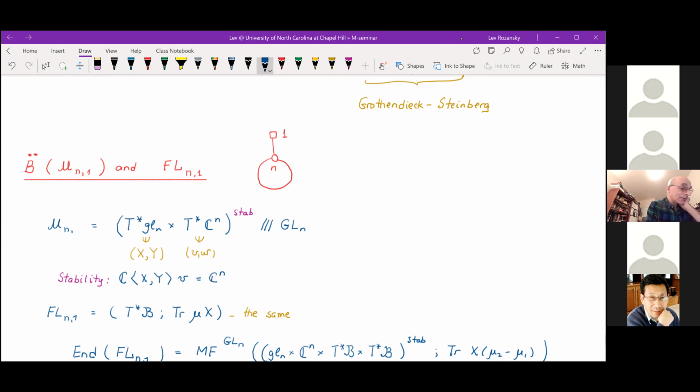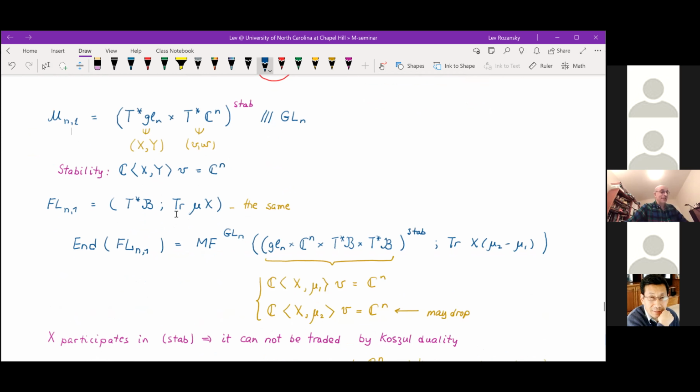So this is 1. All you have to do is add cotangent bundle of Cn, which is framing, impose the stability condition, which says that matrices X and Y of T star GLN acting on V on the vector must generate the whole Cn, and do the Hamiltonian reduction with respect to GLN.